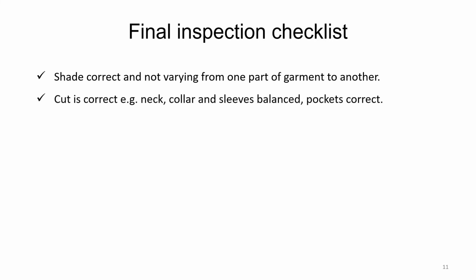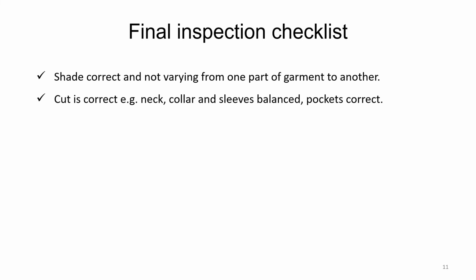As a second checklist, cut should be correct. Now, is the cut correct? That can be ascertained only when the inspector checks the neck, the collar, the sleeves, whether they are balanced or not, pockets are correct or not. So if the cutting has not been done correctly, it will be visible on the garment.